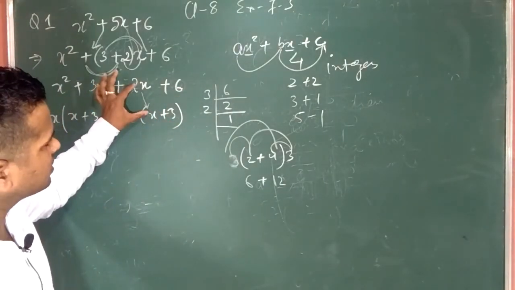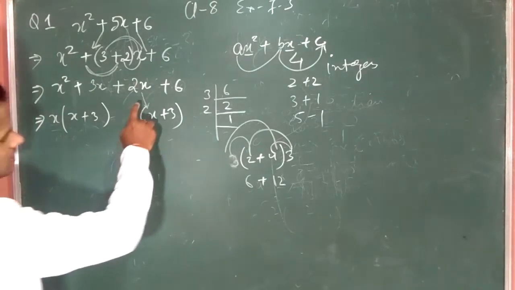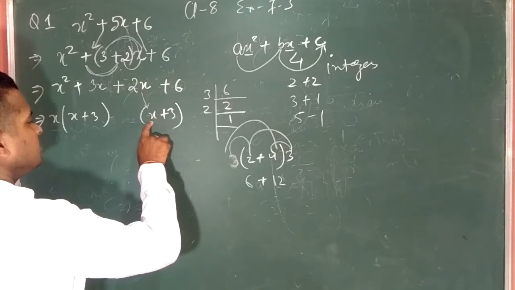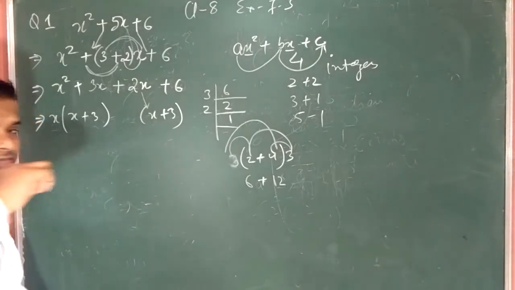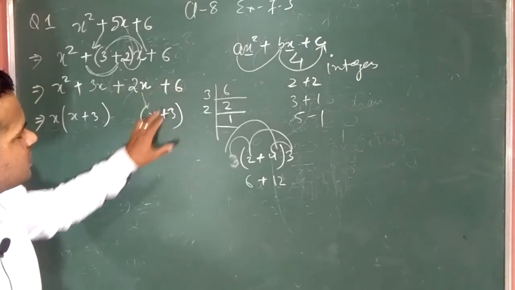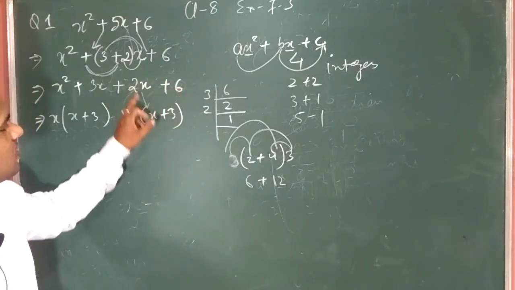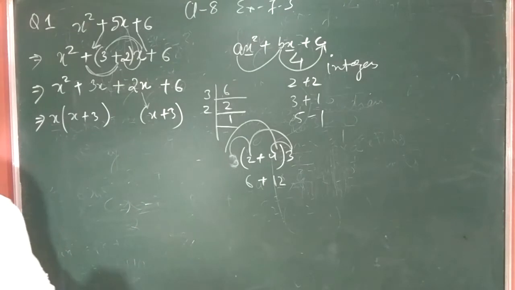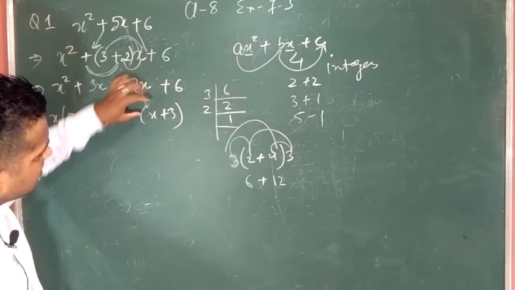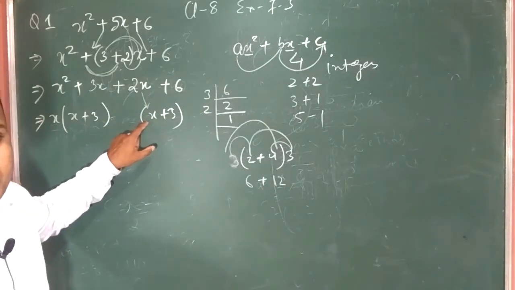You can compare either of these two, no problem. Here, if you see, this is 2x, and here you have only x. That means here you need to write 2. This is 2x, and there are only 2 terms here, and here also 2 terms, this one is for this one and this one is for this one. So this is 2x and here only x, that means we need to write 2 here.